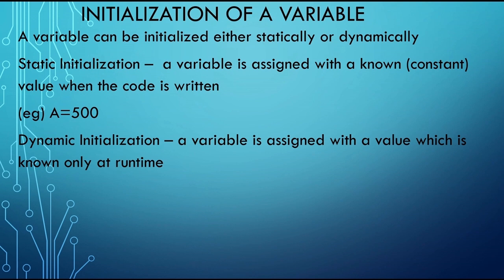But a dynamic initialization is when a variable is assigned a value which is going to be computed or known only at runtime, only when I execute the code. So if I have a assigned 500, and I have a b which is going to be computed as a plus 10, only when I execute the code is b's value going to be computed as a's value plus 10. So this initialization, which happens at runtime, is called dynamic initialization. Also, if you're going to input a value for a variable a during runtime using the input function, that also becomes dynamic initialization. More about input output functions will be covered in the coming videos.